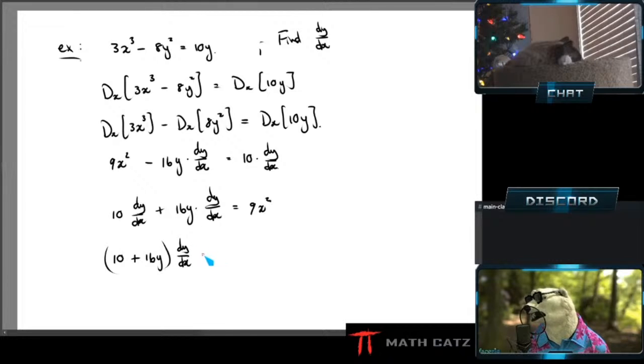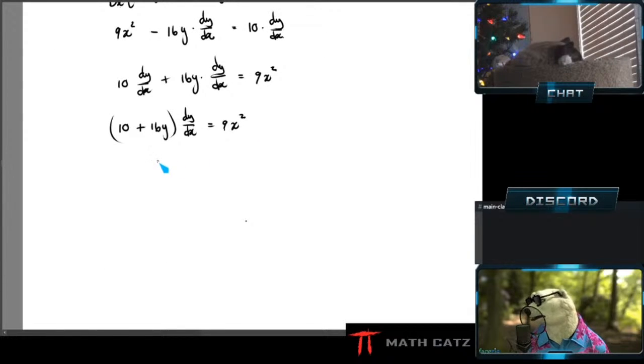I just like to write it at the end. Equals 9x squared. That does not look like a 9, but I could easily misread that as a 7. And then lastly, dy/dx is 9x squared over 10 plus 16y.